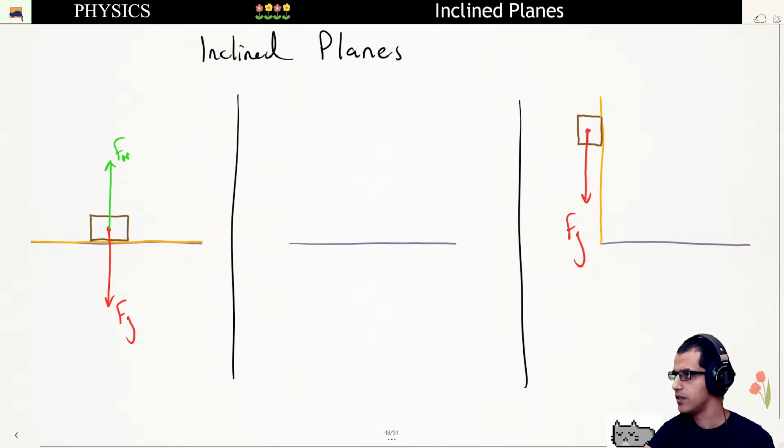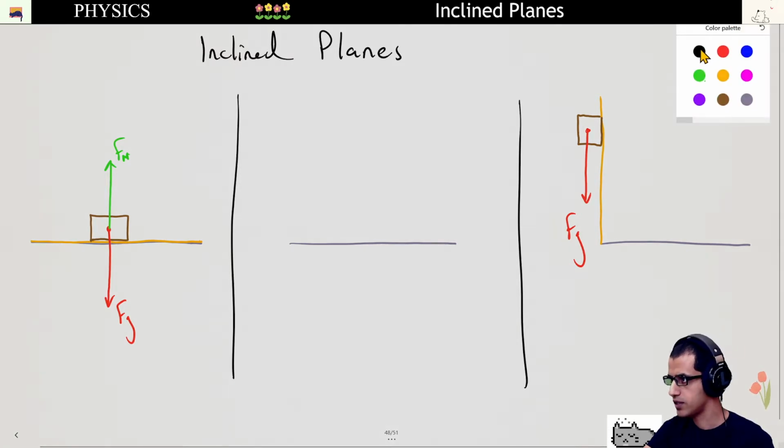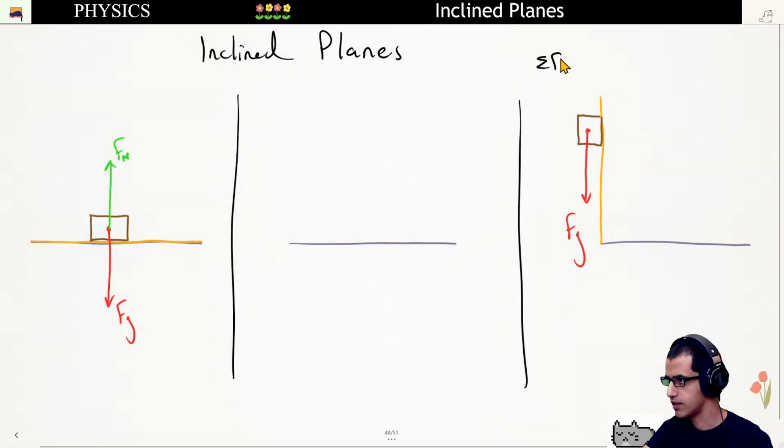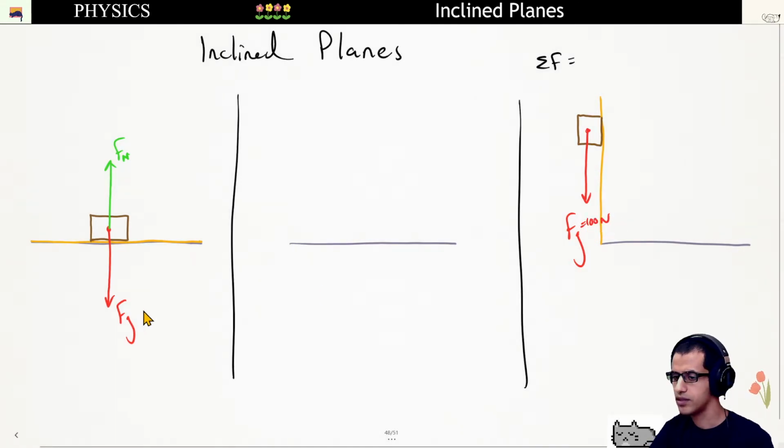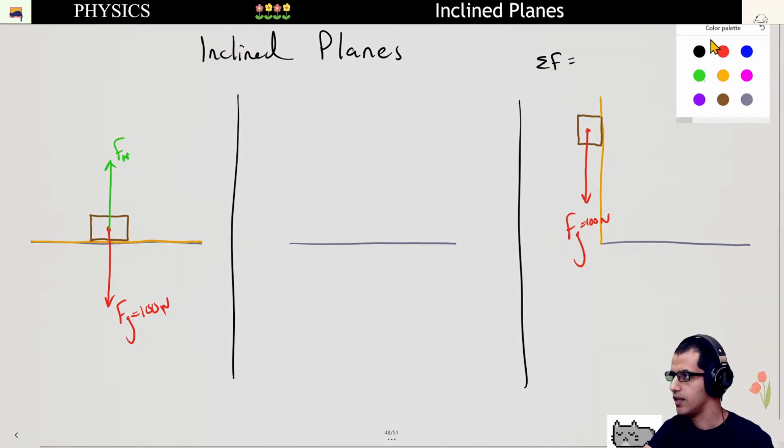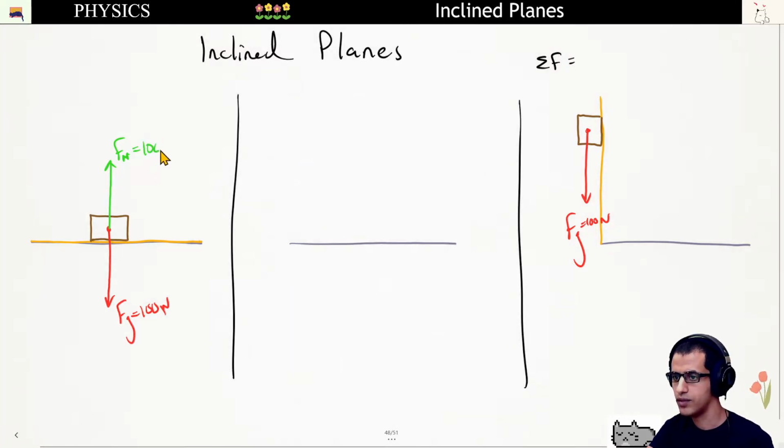So this force of gravity results in an acceleration, and so the force of gravity is the net force acting on this object. So let's say that the force of gravity here happens to be 100 newtons. Then we can say that in the first case, the normal force is 100 newtons.